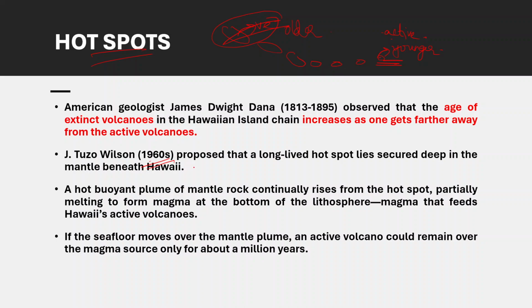Basically, what he was suggesting is, let's say this is a landmass, a lithospheric plate for that matter. In all the other cases, volcanoes are formed when movement is happening at the plate boundaries.